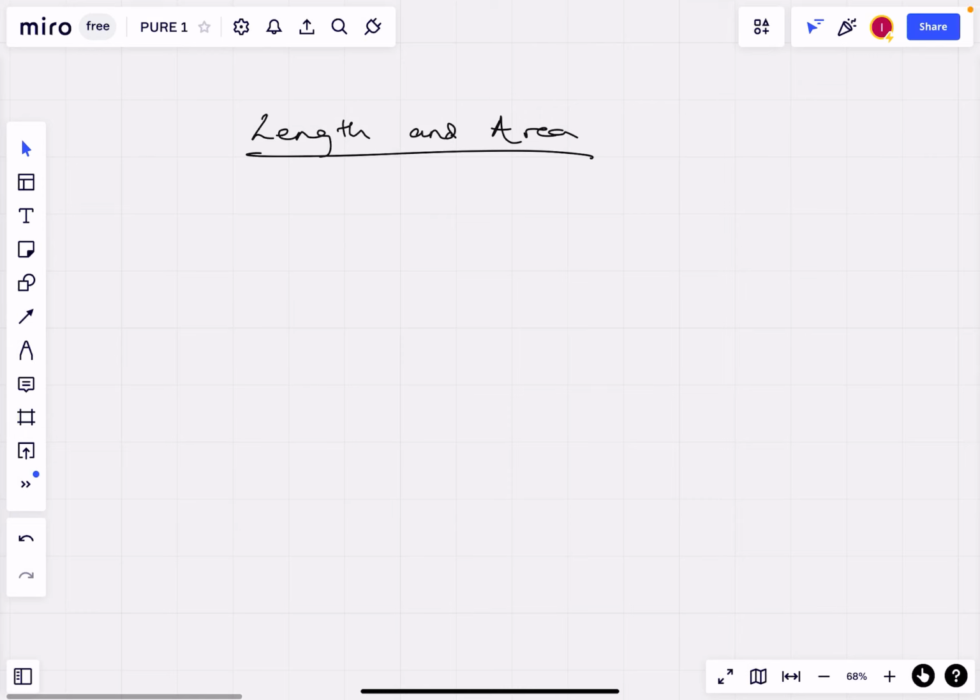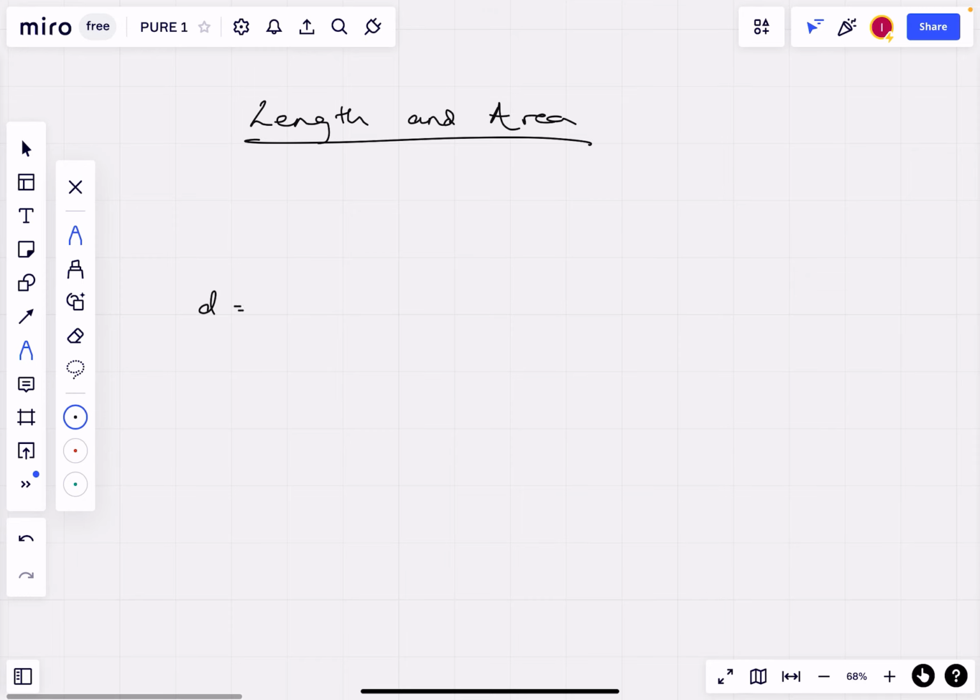To work out the length of a line on a graph where you have two coordinates, this is the formula that you're going to use. D, meaning distance, is the square root of the change in x squared plus the change in y squared.